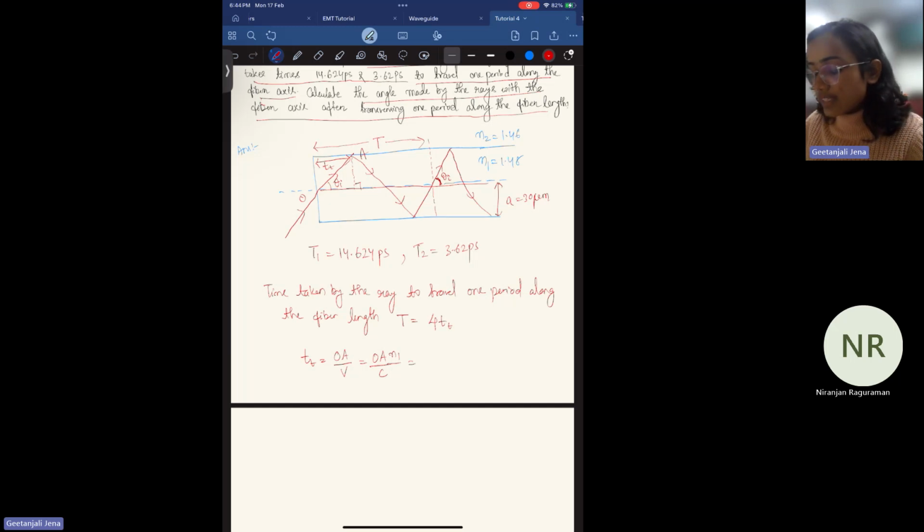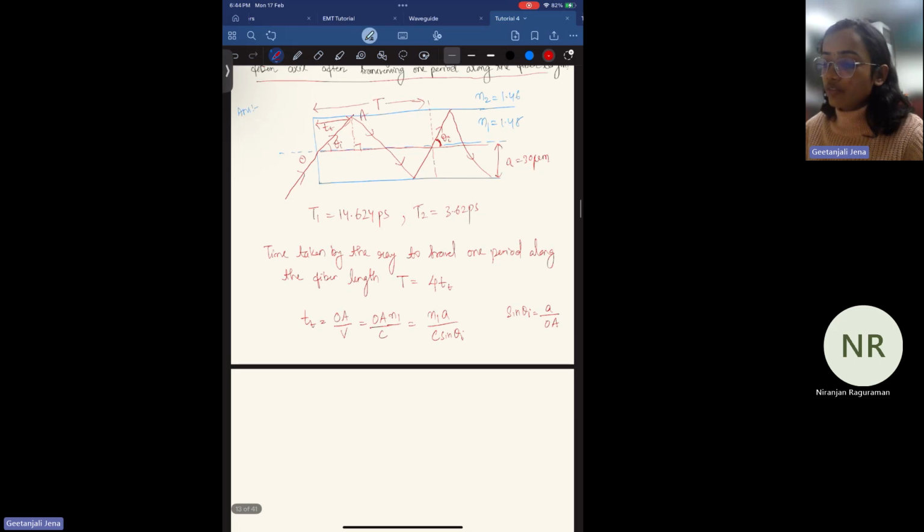And express OA in terms of the core radius. So you can get sine theta I is A by OA. That means OA is A by sine theta I. So we have n1 A by c sine theta I. This is the time for 1/4 of the period.